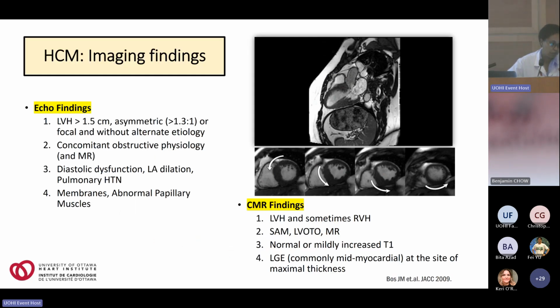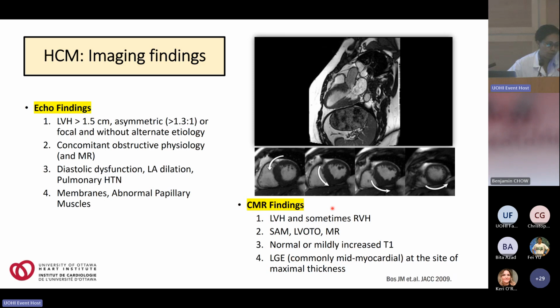So the diagnosis is based mostly on imaging with the following echo characteristics. What MR can add to that is we can characterize the tissue and quantify the scarring.